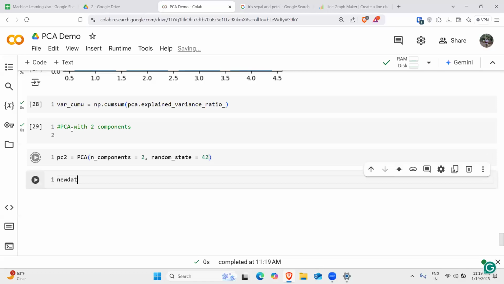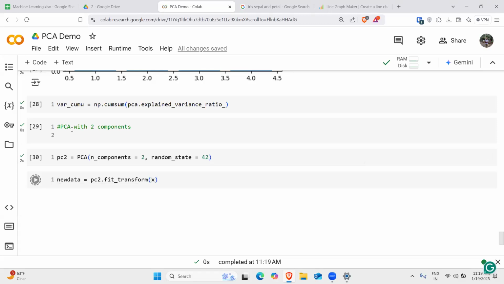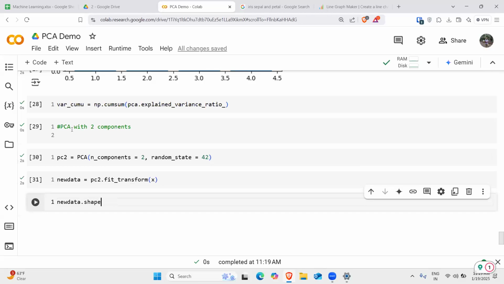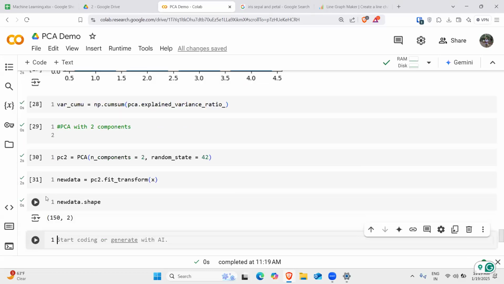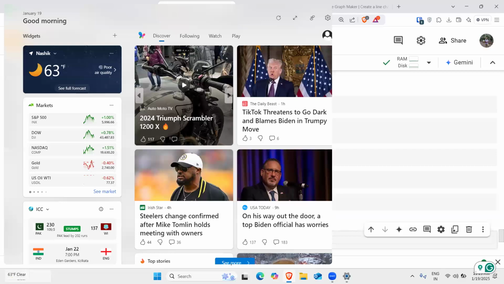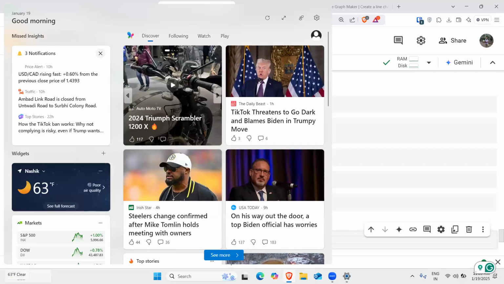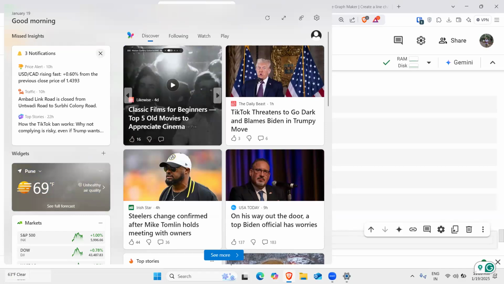And my new data is going to be PC2.fit_transform of small x, and new_data.shape is going to be 150 comma 2, right? So only two columns we are going to consider.